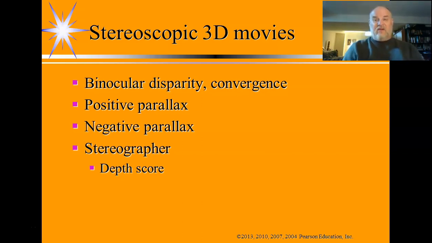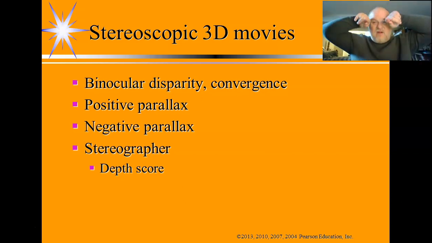What is the process? Well, basically, the way that the human brain works is that you calculate distance based on the angle of your eyeballs relative to an object that you're looking at.